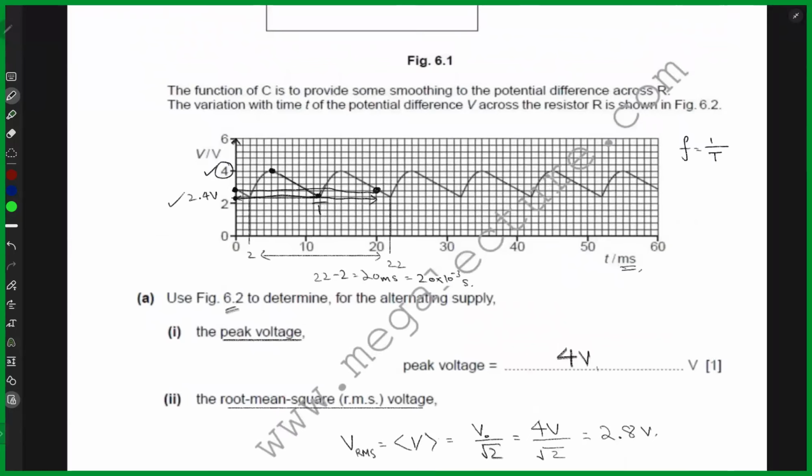The difference between these points, this one and this one, is about, so this is 12 and this is 5. So that's 12 minus 5, this length, which is 7 milliseconds.